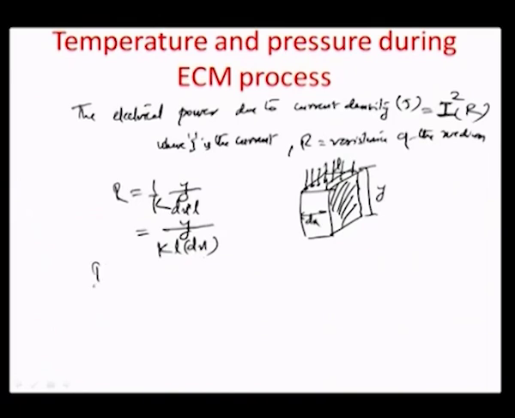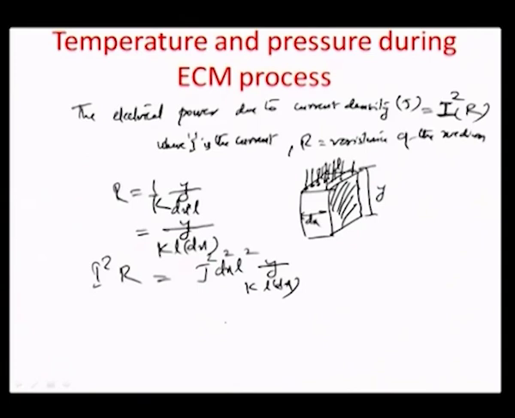So, in other words, I square R can be written down as, of course, the current density which is actually perpendicular to this face with area dx L. So, I can write this as j times dx times L, squared, times R given by y by k L dx.